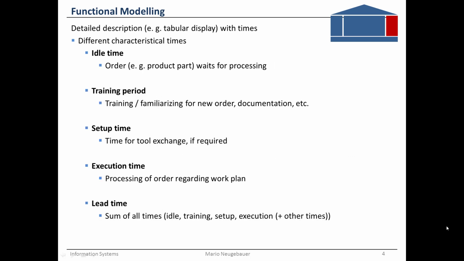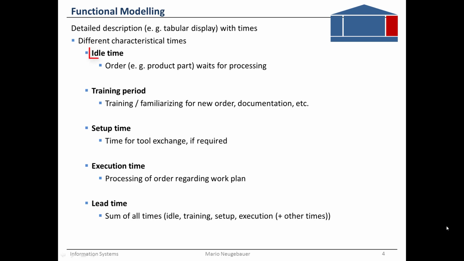If you think about a functional modeling, then it also makes sense to think about times which are important for the realization of your activities, for your process chain, for your overall business process. So if we, for example, look into the production process, then we have 5 characteristical times which mostly appear in the execution of the business process, or in the execution of the production of certain goods.